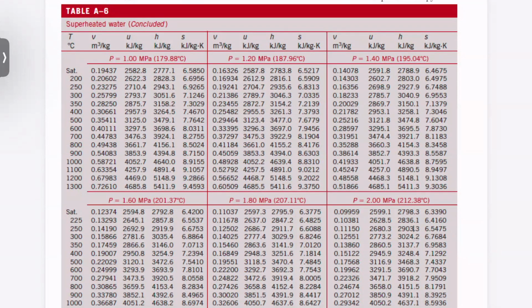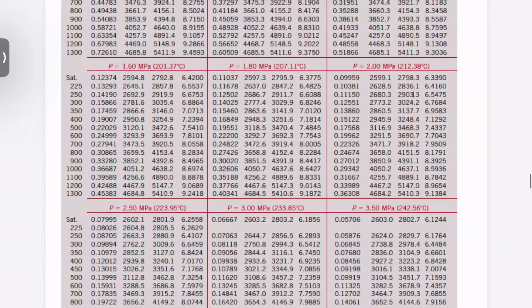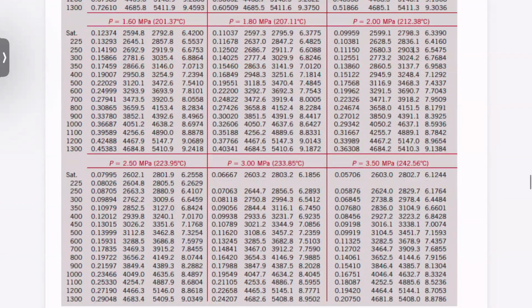The tables are nice because some of the same information is repeated in multiple places. So if we go to 3 megapascals, which is here, this is our pressure cell that we care about. We have that our saturation temperature is 233.